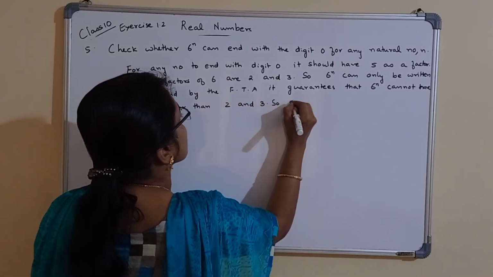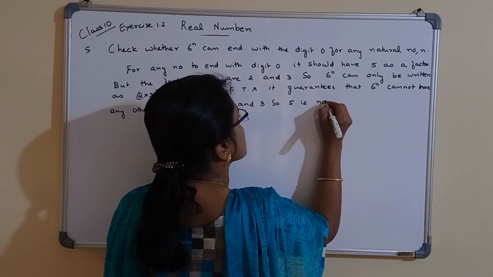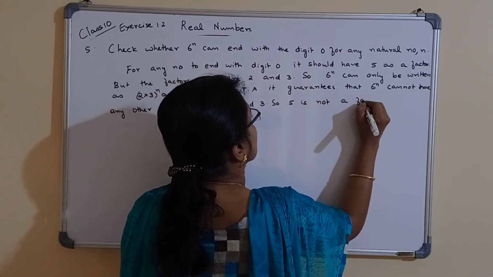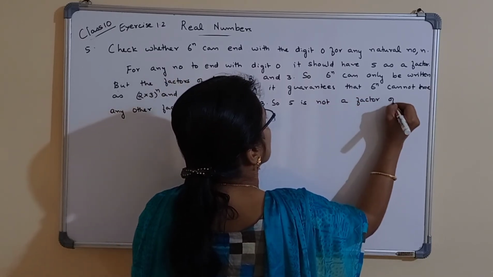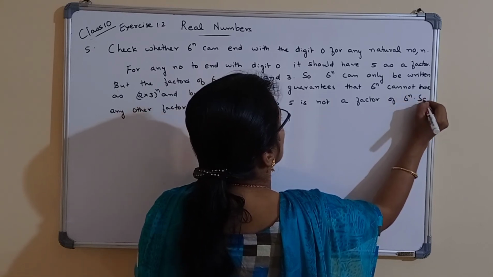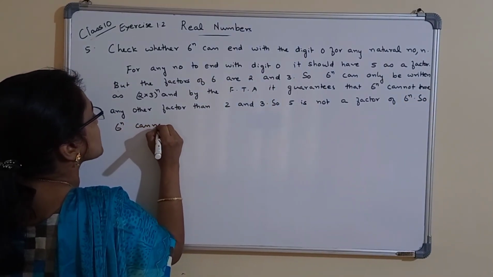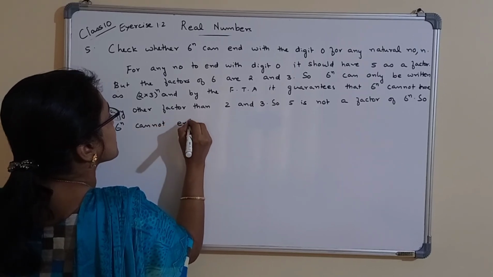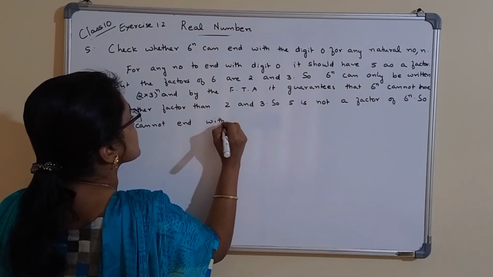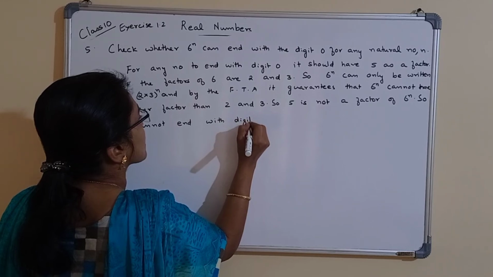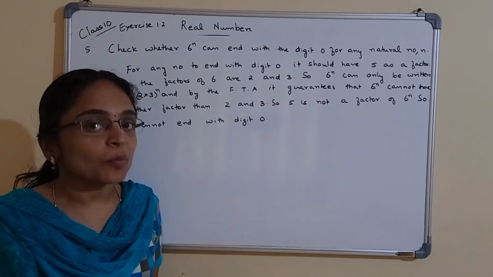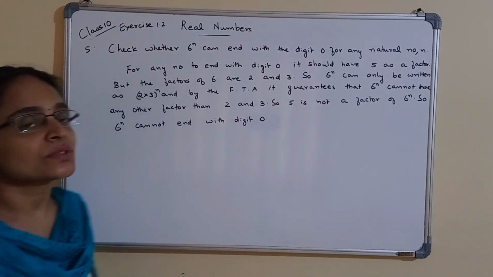So 5 is not a factor of 6 raised to n. So 6 raised to n cannot end with digit 0. Copy this and proceed to the next question.